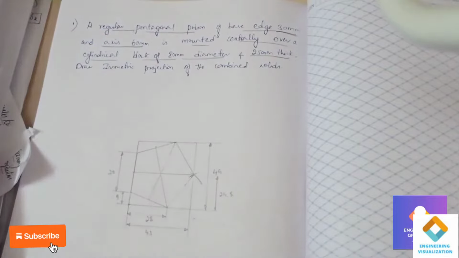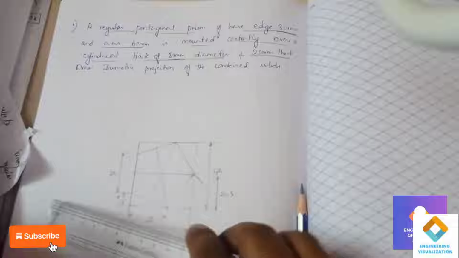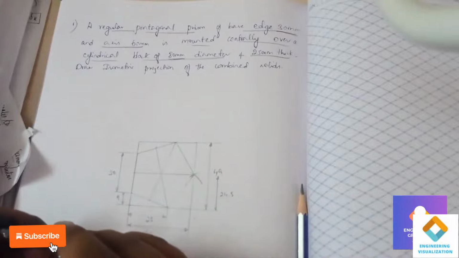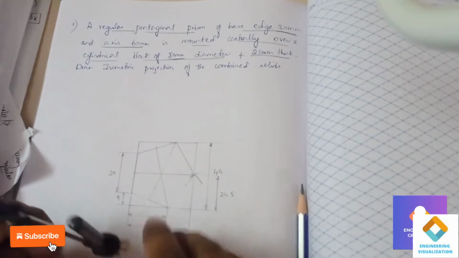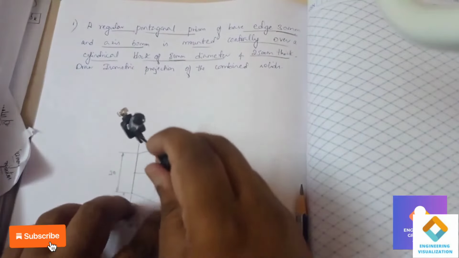Okay, now from the center of that we will be constructing a cylinder block, which means it will be a circle. The diameter given is 80 mm, so we will consider a radius of 40 mm here. Then we construct a circle.